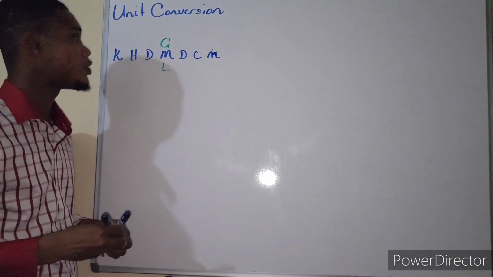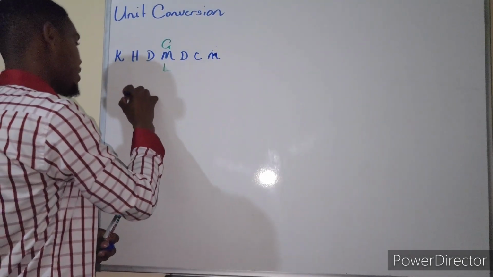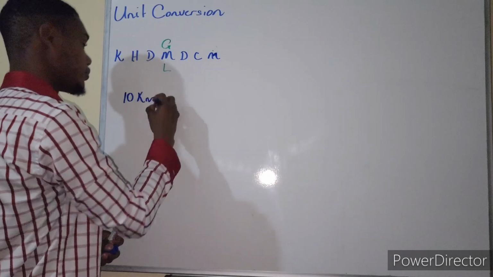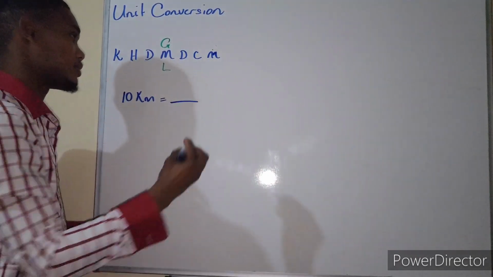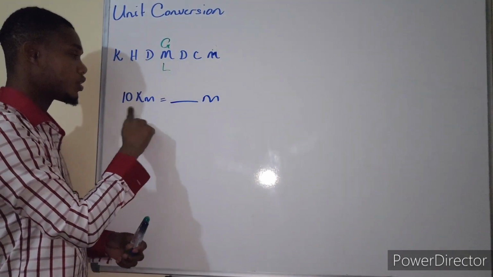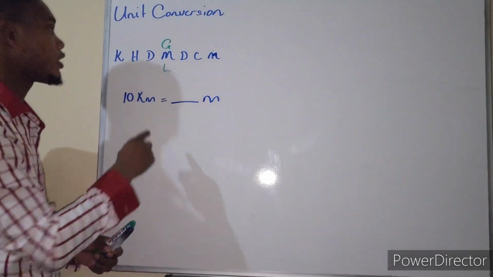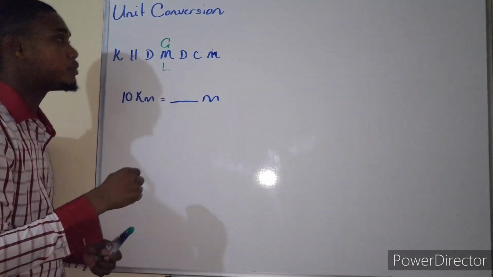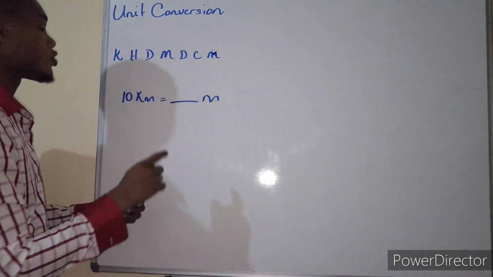Now, how to use the table. For example, say you're given a question to change 10 kilometers to meters. Now you are moving from kilometers to meters. As I said before, each unit apart from each other would be 10. So you can remove the extra parts that you don't need and focus on what you need.